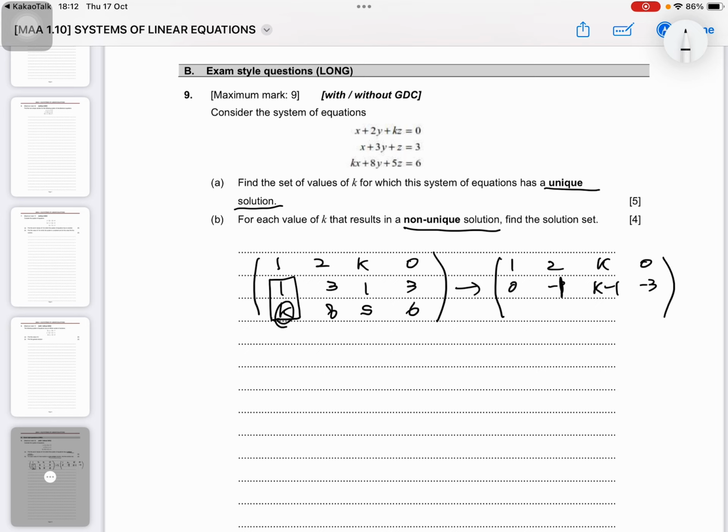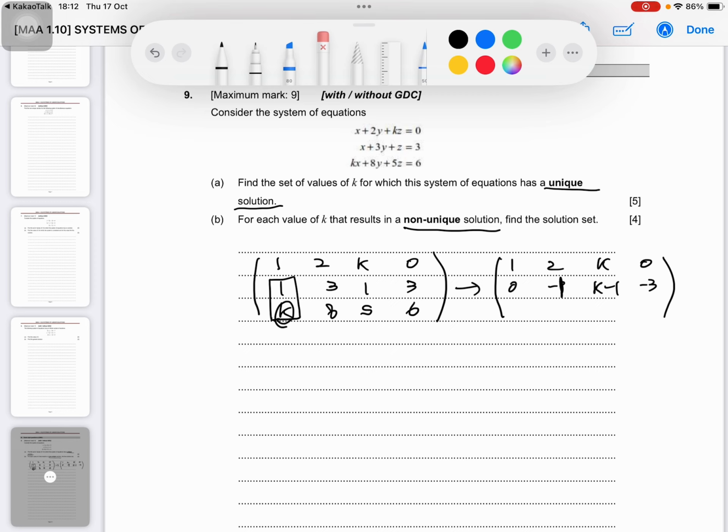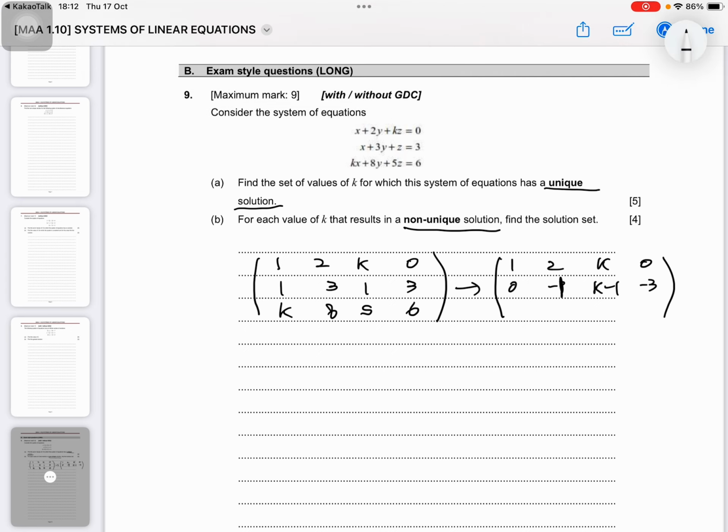To eliminate it, I again do a row operation with the other rows. So I'll make it k, 3k, k, 3k, and subtract them.